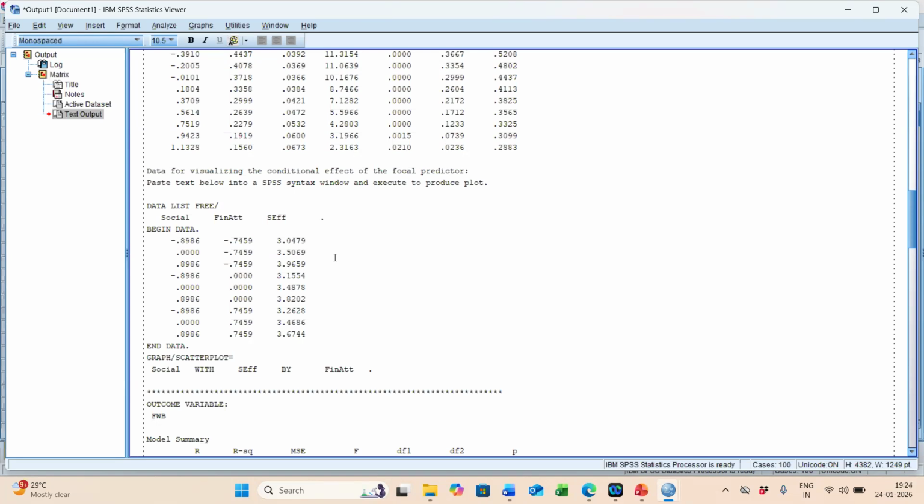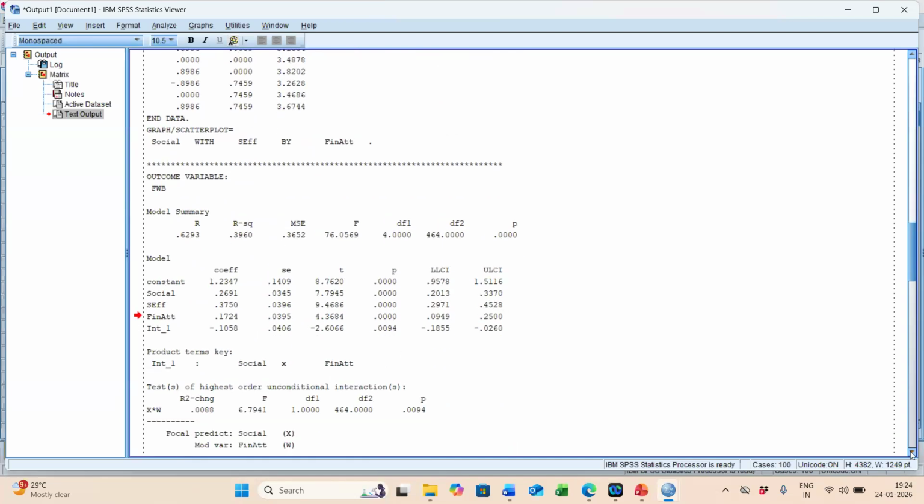So the line representing the lower level of attitude will be steeper; the slope will be more. That's the case. So we are moving on.